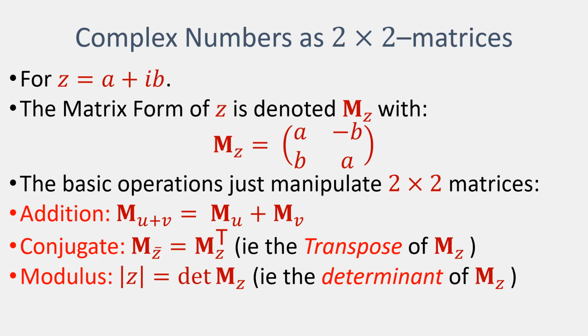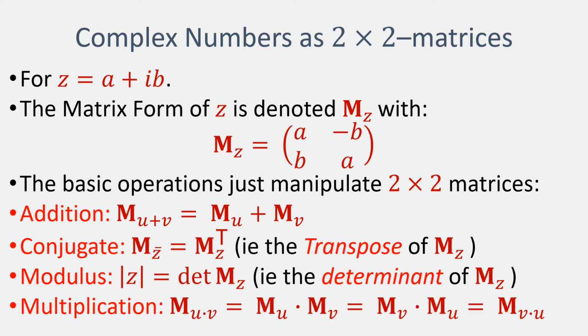If we want to compute the size of a complex number, that corresponds to this object which I referred to as the determinant of the matrix. And finally, multiplication of two complex numbers just corresponds to multiplication of the corresponding matrix forms.